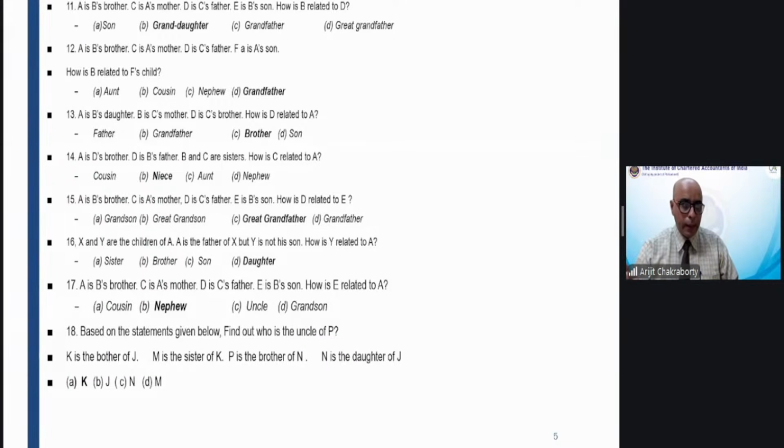So it is clear from the diagram and from the reasoning that P and N are in the lowest level. Their parent is J, and J has one brother K and a sister M. So obviously, who is the uncle of P? P's uncle is K. And this easily follows from the facts given in the question. So the 18th question, option A is the right answer. K is the uncle of P.